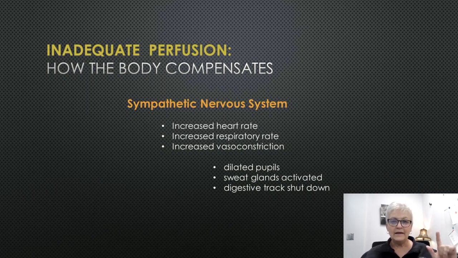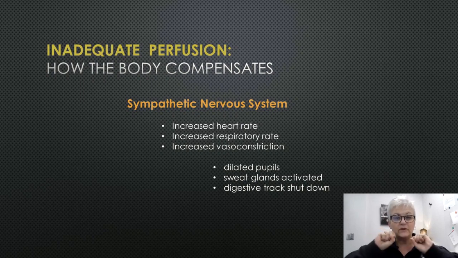Okay, that is triggered when the brain receives messages from the cells saying that they're not being adequately oxygenated. The brain reaches out to the adrenal gland and says, dump in some adrenaline or some epinephrine. Okay, when the adrenal gland releases that hormone, then the sympathetic nervous system is employed. Okay, and it has many different aspects. It works with multiple body systems to try and compensate for this in a very rapid and quick manner.